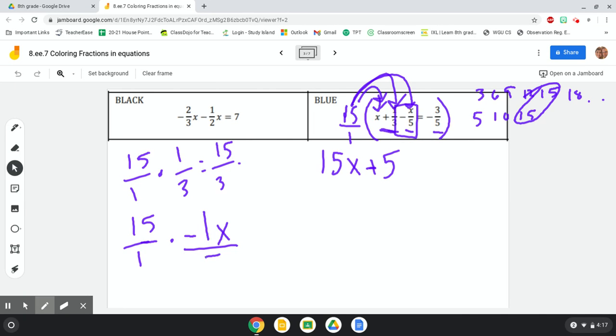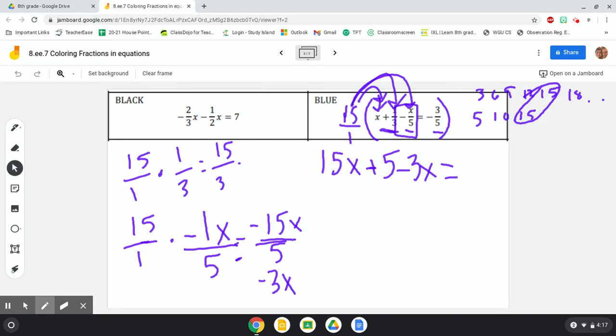And then that was over 5. So now I can multiply across. And that's going to give me negative 15x over 5. Well, I know it's going to have an x with it, but negative 15 divided by 5 here is going to be negative 3. So this is going to be equivalent to negative 3x. So that's a minus 3x here.